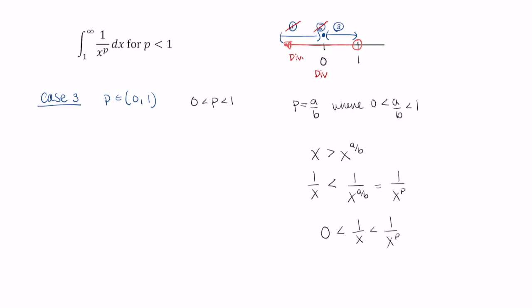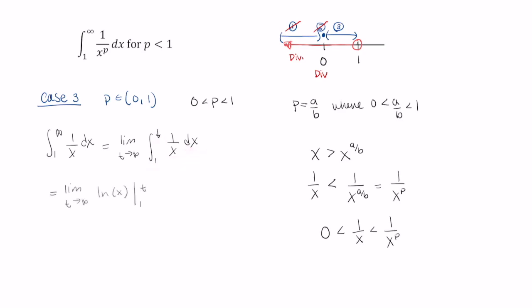So we've established that 0 is less than 1 over x is less than 1 over x to the p value. And now we're going to evaluate the integral from 1 to infinity of 1 over x dx. So let's rewrite this. This is the limit as t approaches infinity of the integral from 1 to t of 1 over x dx.